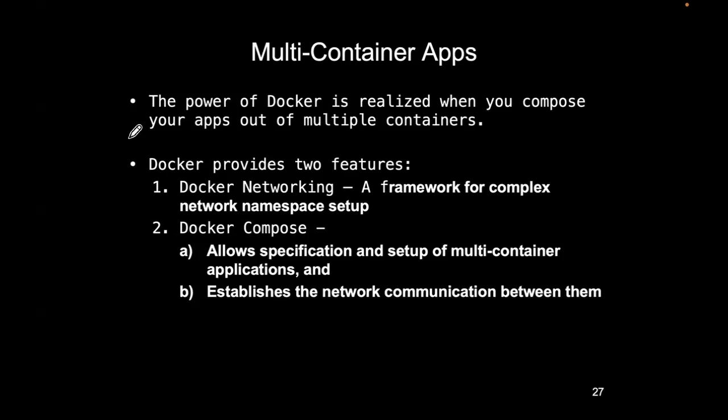So the power of Docker is realized when you compose your application out of multiple containers. There are two aspects to Docker that enable that: Docker networking, which I've just been talking about, and which is a small part of this week's lab. It'll be a bigger part of next week's lab.